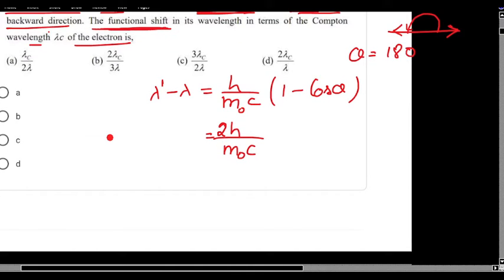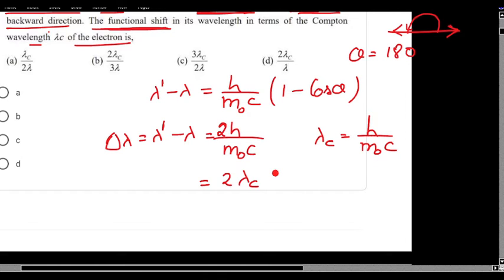The shift in the wavelength, lambda dash minus lambda, is 2 h by m naught c, and since the Compton wavelength is h by m naught c, this expression becomes 2 lambda c.